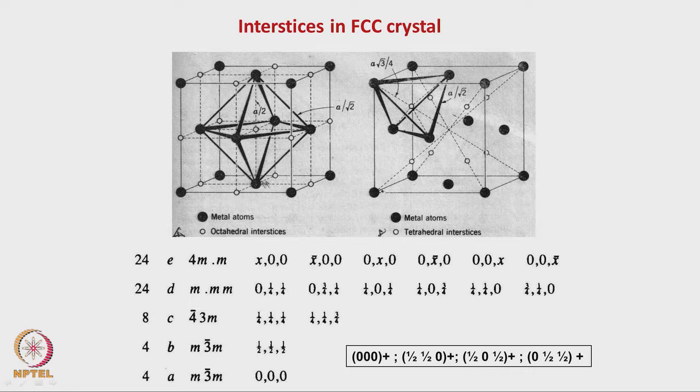What will be the stoichiometry? That is, A atom is placed here and B atom is placed here. AB type of stoichiometry. Which is the crystal which has this stoichiometry? NaCl, titanium nitride. There are many compounds which form with these crystal structures. This is how it happens.